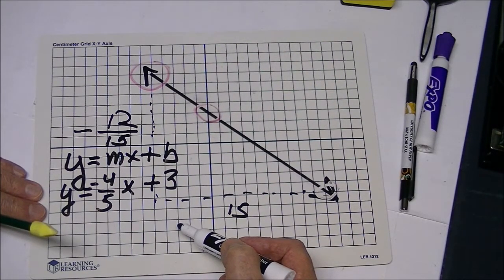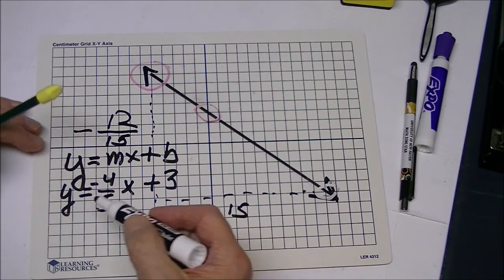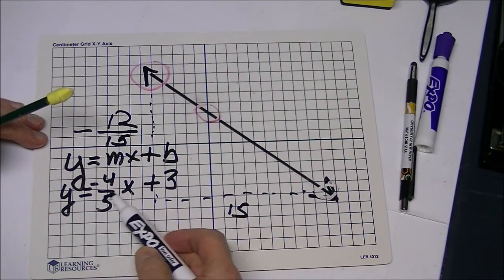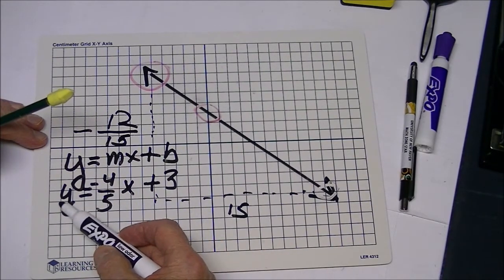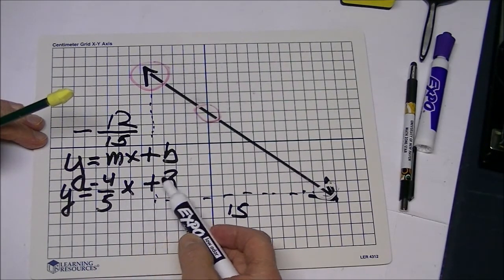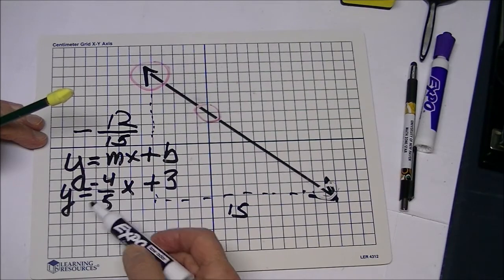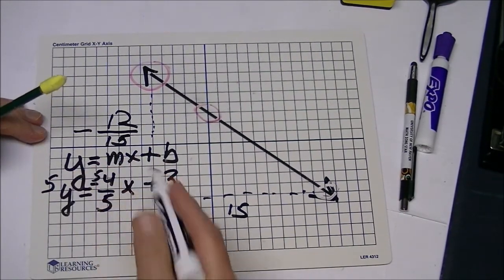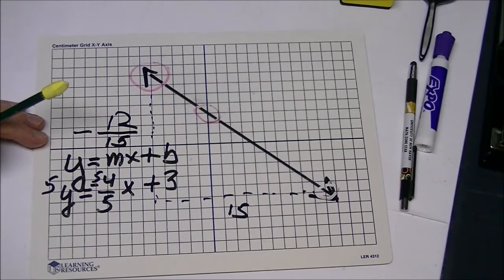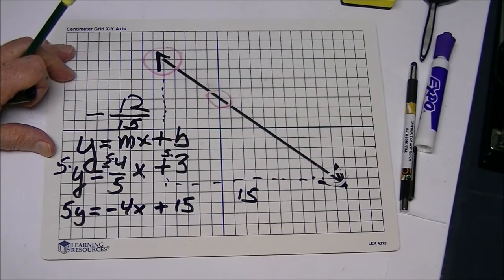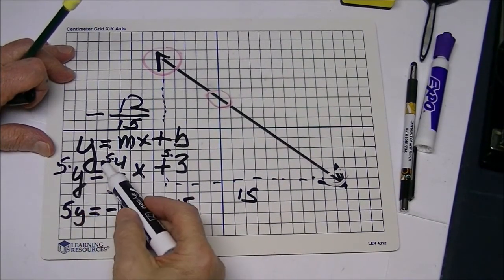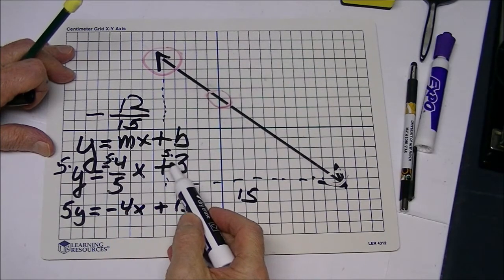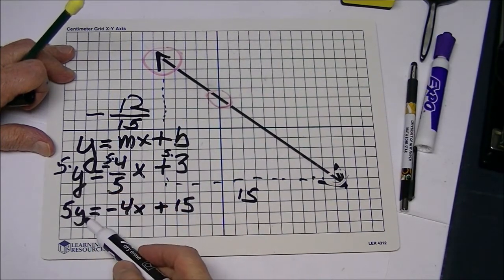What would it be like if it were in standard form? Well, a technique of converting this to standard form is to multiply every term by your lowest common denominator, which is a 5 here. So, multiplying every term by 5, this becomes 5y.